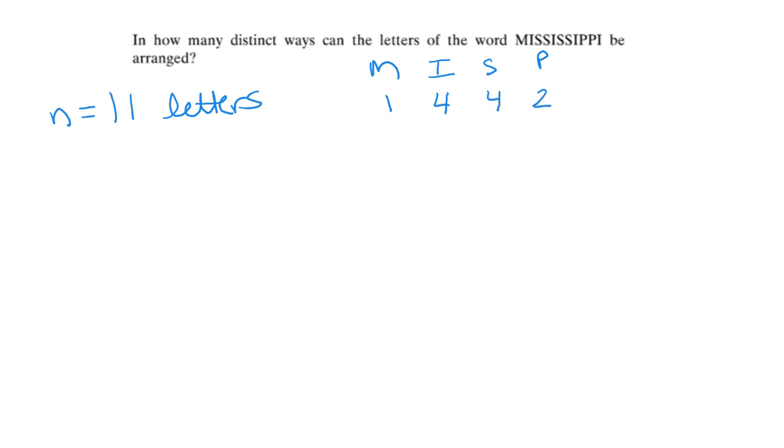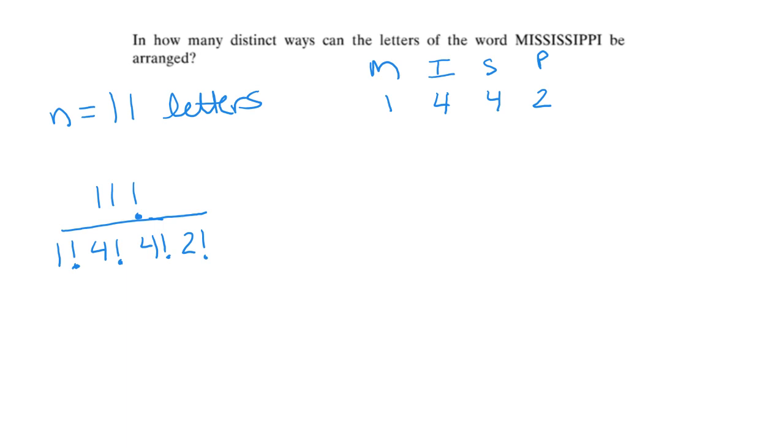All right, so my formula is going to look like 11 factorial divided by, and you can put the 1 factorial or you can leave that off, times 4 factorial, 4 factorial, and 2 factorial. So we're writing down each unique count for each of the letters.